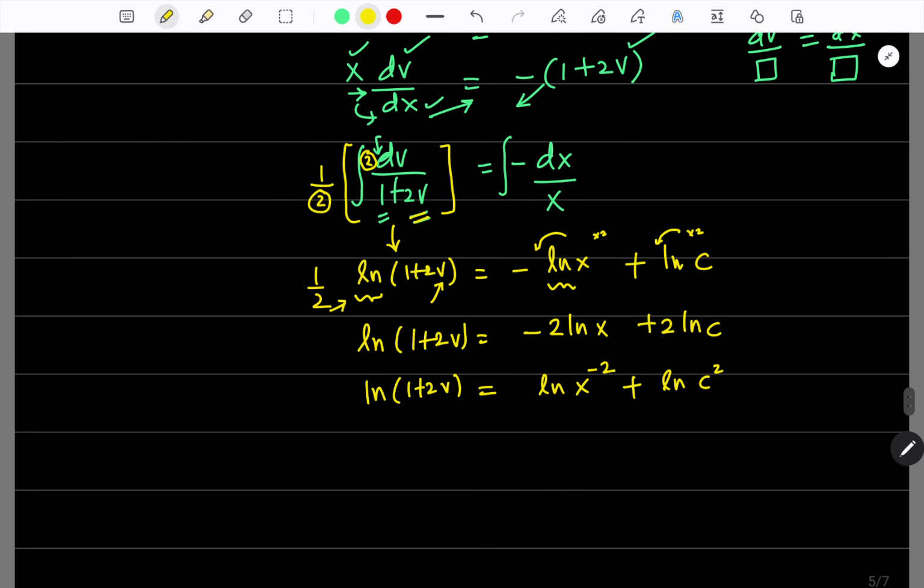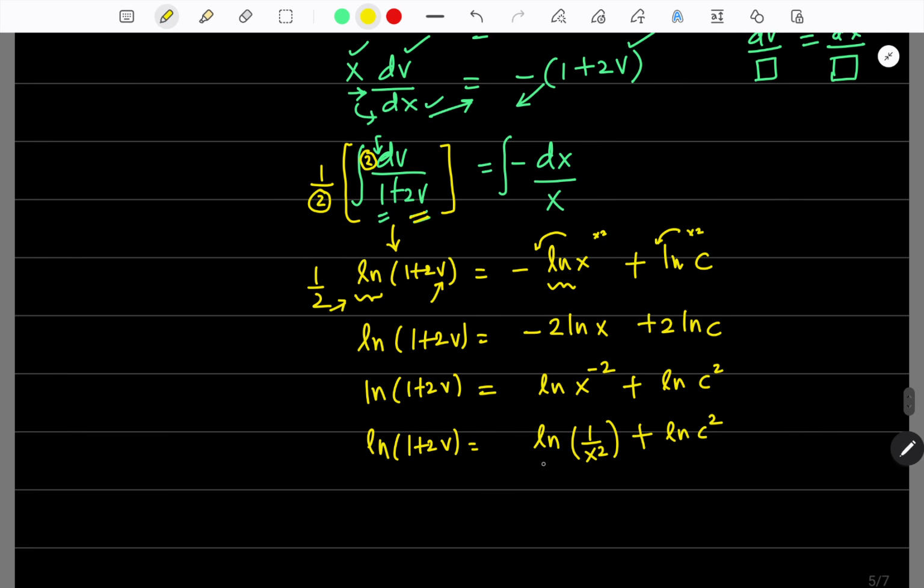So ln of 1 plus 2v is equal to ln, this x square is nothing but 1 by x square, x to the power of minus 2, plus ln c square. So 2 ln's, I'm going to bring as 1 ln in such a way that, look here, ln 2 plus ln 3 we can write as ln of 2 multiplied by 3.